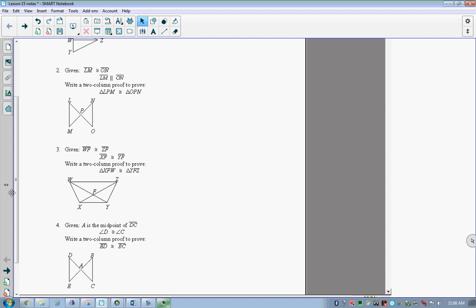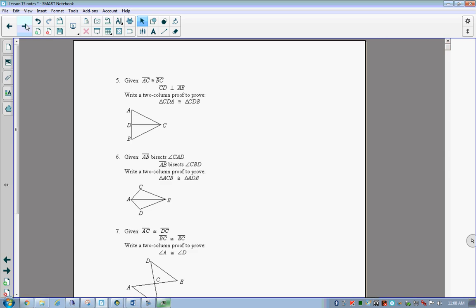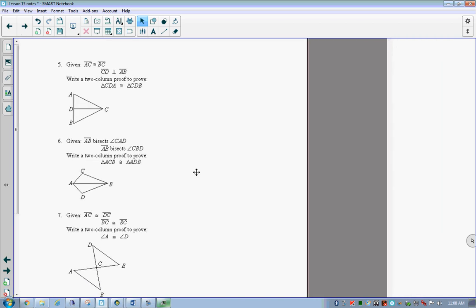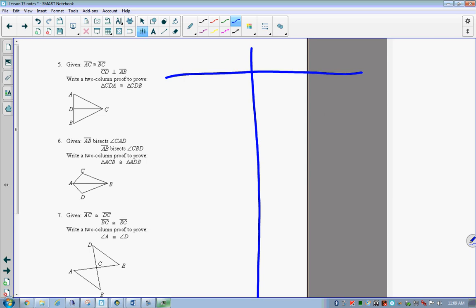But the reason I think that you probably want to see 5 and 6 is because they're in your homework. Pretty much the exact same question. So, my guess is if you had to pick two, you'd probably pick those two, right?